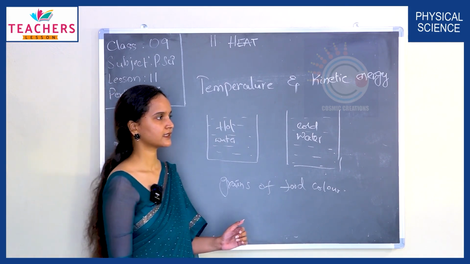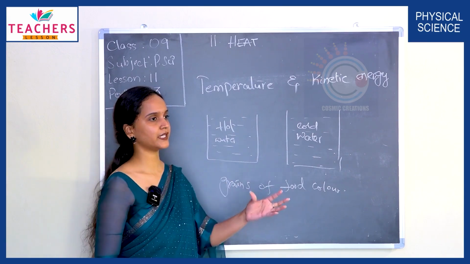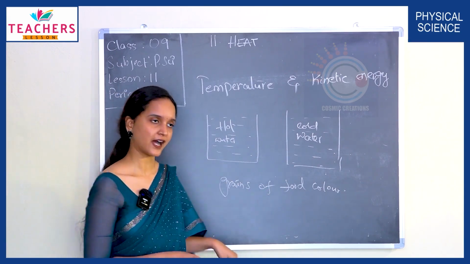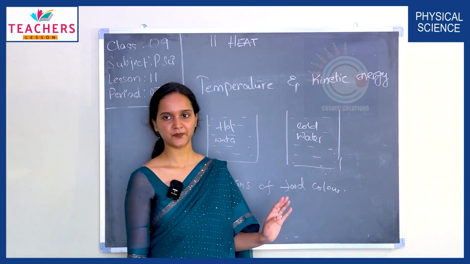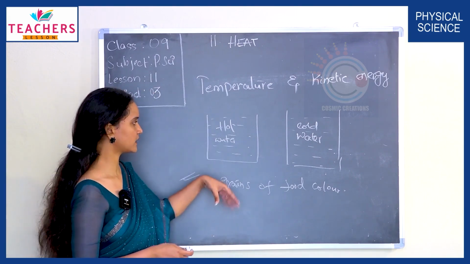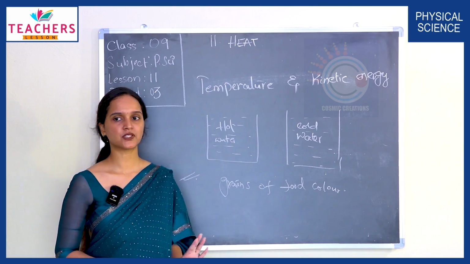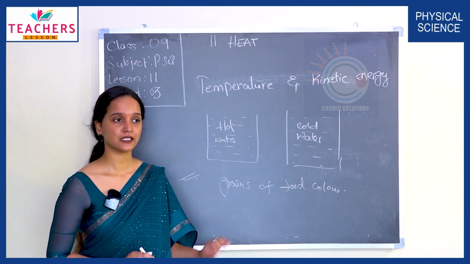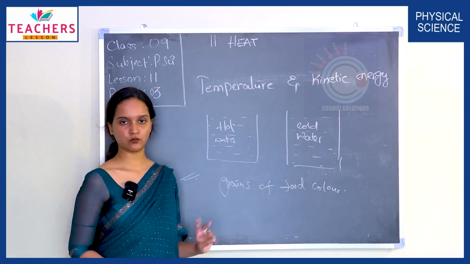What do you see? The grains of food color would be getting mixed up faster in the hot water beaker compared to the cold water beaker, right? And initially when you sprinkle these grains of food color in both these beakers, you will observe the difference in the movement of these particles in the hot water beaker and cold water beaker.